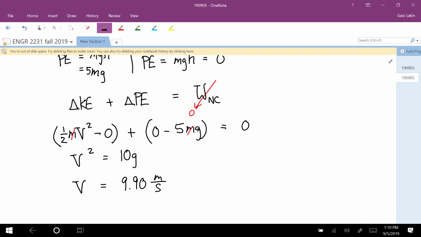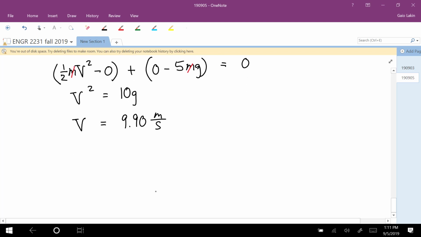Okay, so that's the way you did problems like this in Physics 1. In this class, it's still conservation of energy, but we have to deal with a couple of new things, and we have to deal with a new sign convention.